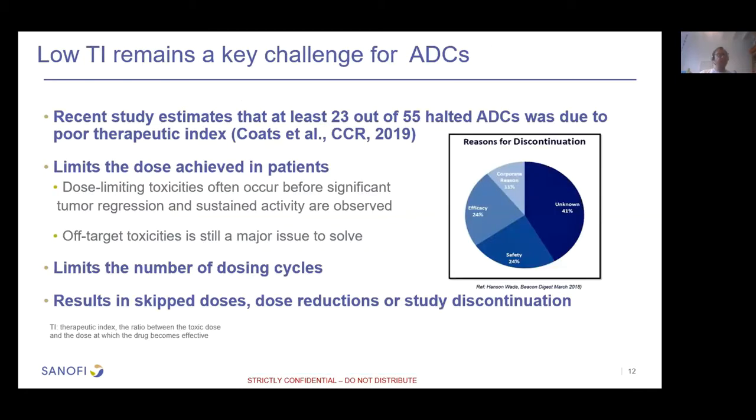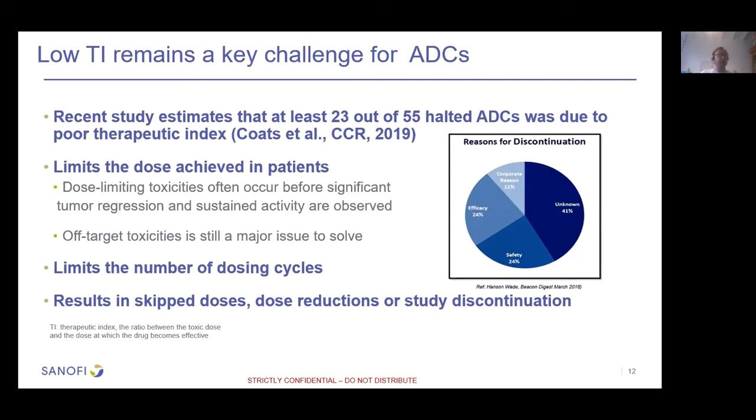So as of today, the low therapeutic index of ADC remains a great challenge for the industry to tackle. A recent study estimated that at least 23 out of 55 halted or discontinued ADCs were due to poor therapeutic index, preventing them from reaching a sufficient efficacious dose in patients.